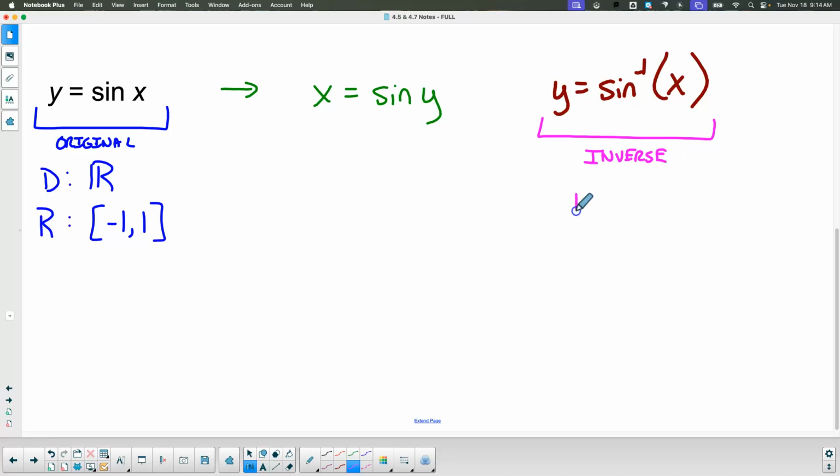So the domain over here on my inverse function would be -1 to +1. The range on my inverse function would be all real numbers.